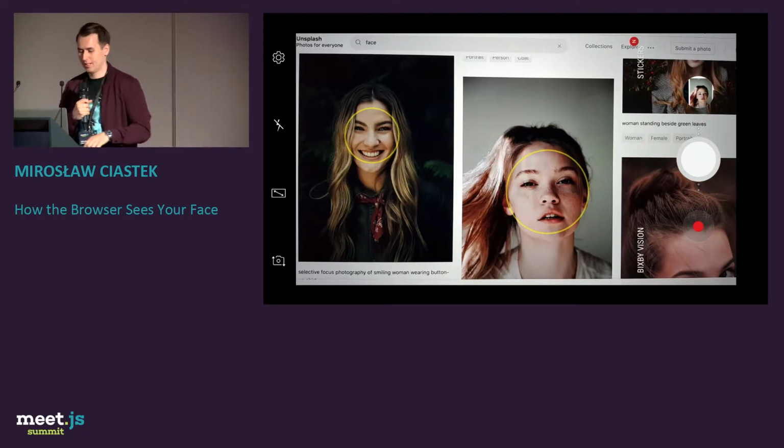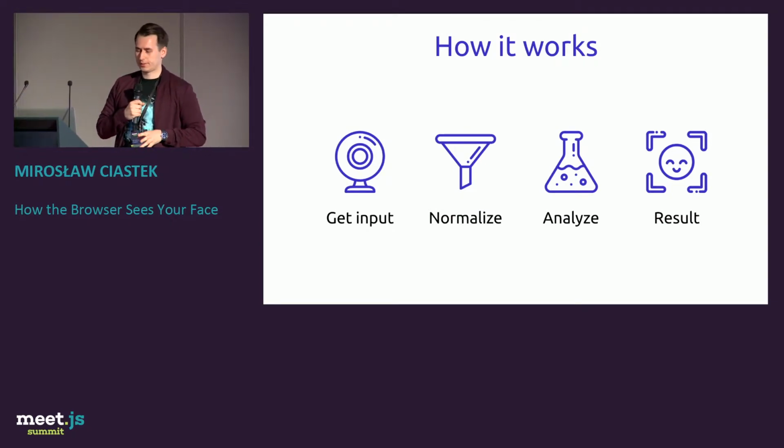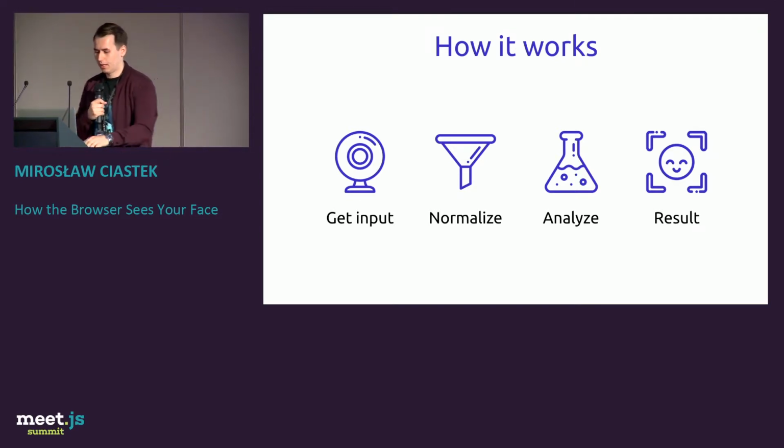So it's amazing, right? And how does this face detection work? The concept is very simple. We get the input, we normalize it, analyze it, and get the result. And that's the whole process. And I wish that it was that simple, because it's not.